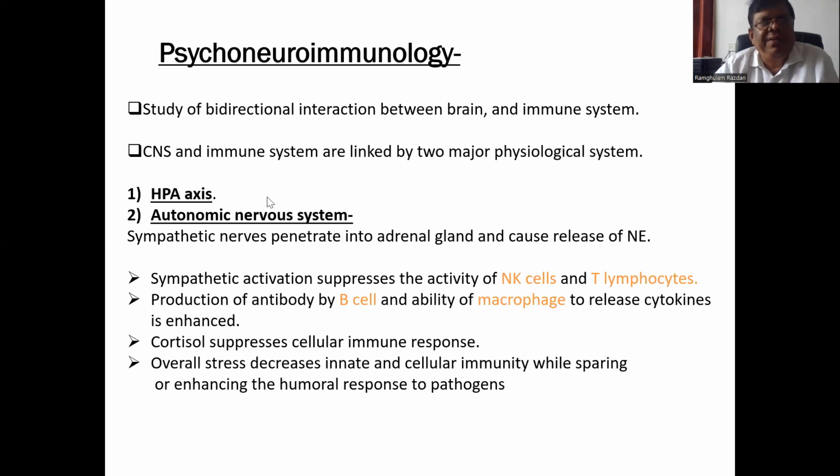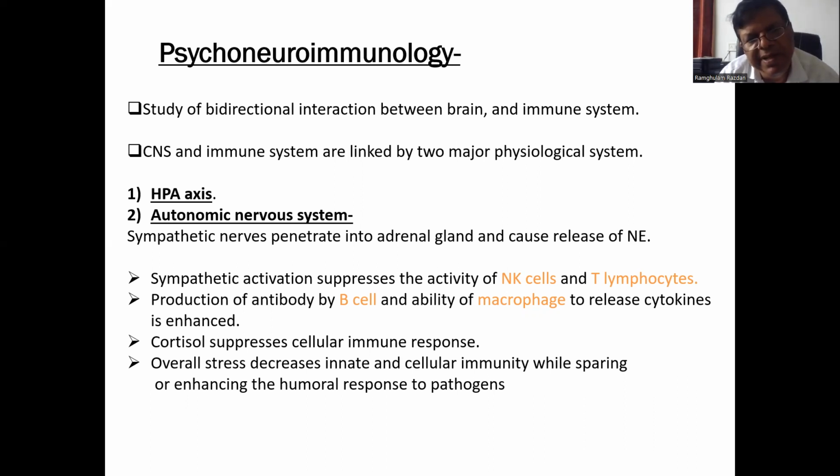Psychoimmunology is the study of the bidirectional interaction between the brain and the immune system. The CNS and immune system link major physiological systems. What happens to the HPA axis and autonomic nervous system? The sympathetic nervous system innervates glands and causes release of norepinephrine.